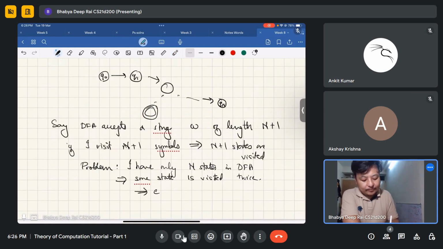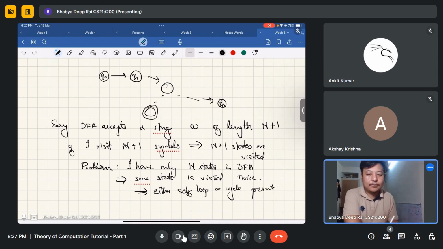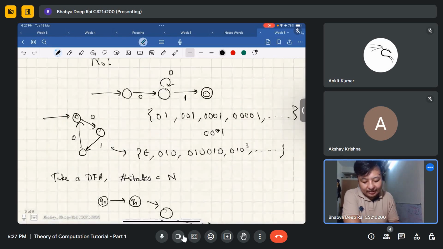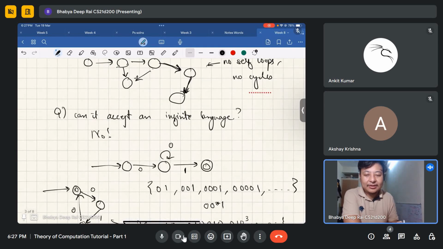This means either a self loop or a cycle is present in the DFA. But what does it mean if there is a self loop or a cycle? What can we tell about the language accepted by the DFA if there is a self loop or a cycle?